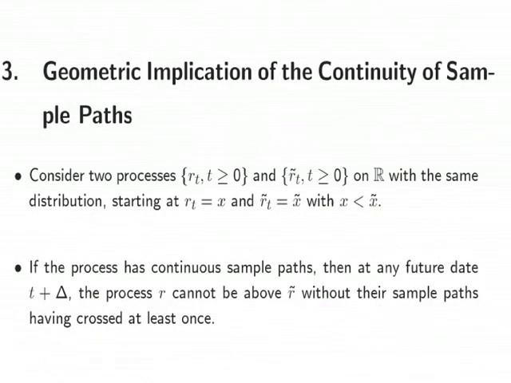So what we're going to think about instead, in the same spirit, is figuring out what are the restrictions on P that would tell me something about the continuity of the sample paths.